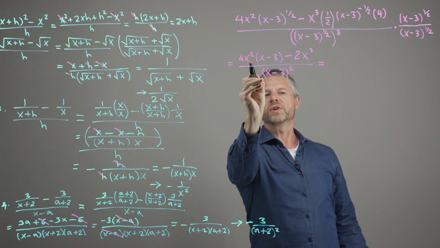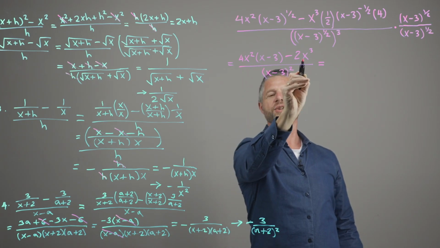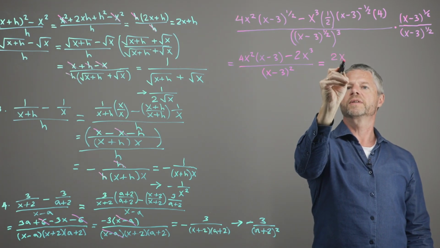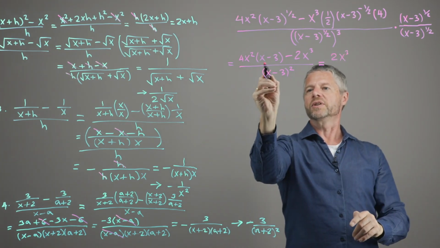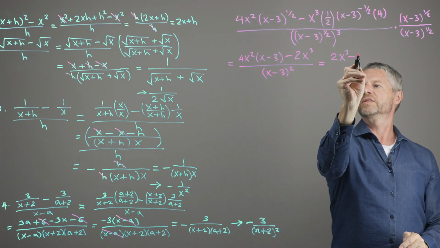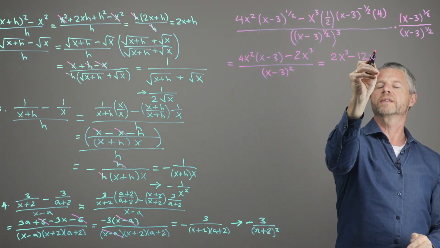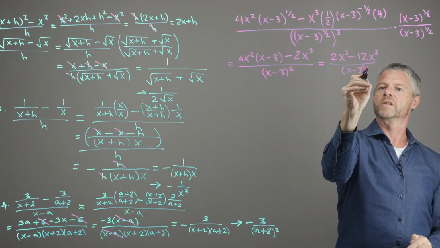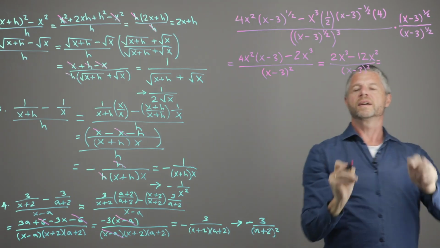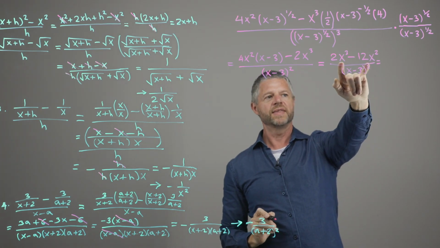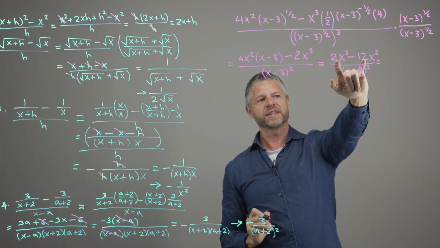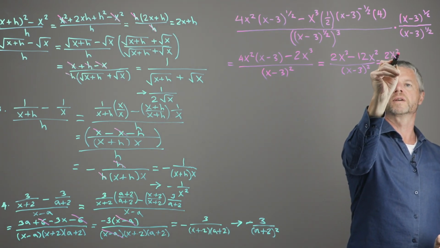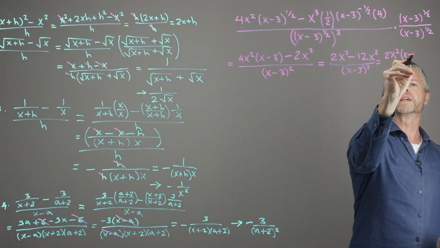So I've got 4x cubed minus 2x cubed, so I've got 2x cubed. And then I've got minus 12x squared. And then I can pull out a common factor here of 2x squared. And I'll have x minus 6.